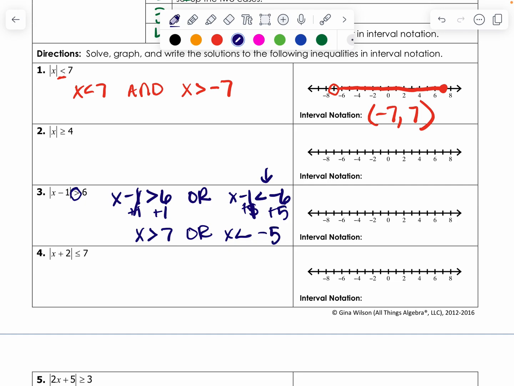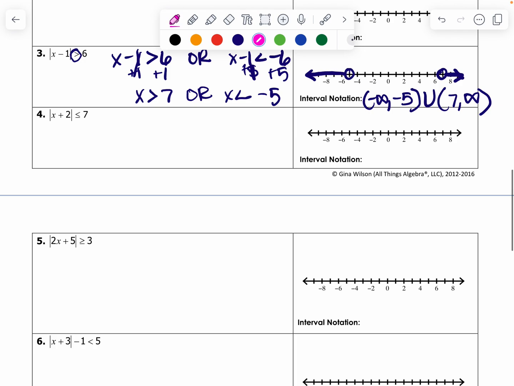So I'm going to circle -5. x is less than -5, and then we have 7, x is greater than 7. So that's going to be a combination: negative infinity to -5 and 7 to infinity. Okay, you do number 4, and you'll type in your answer.